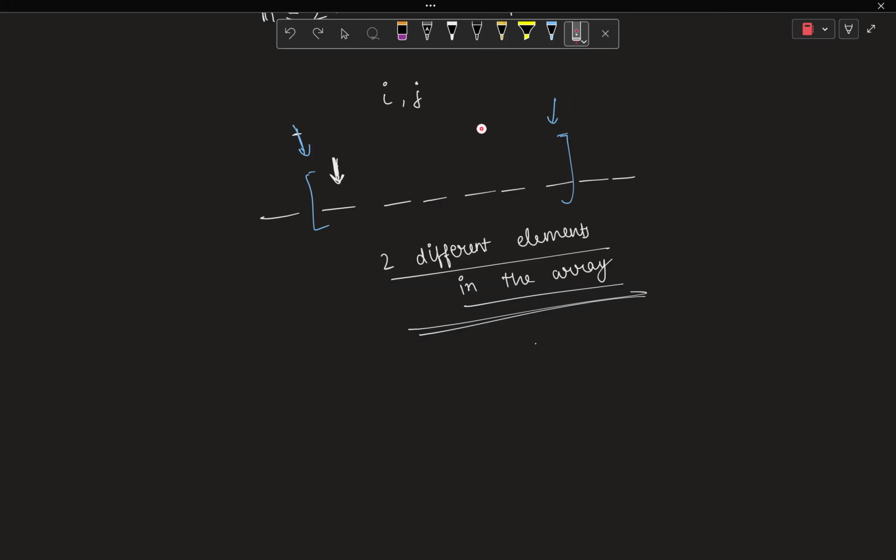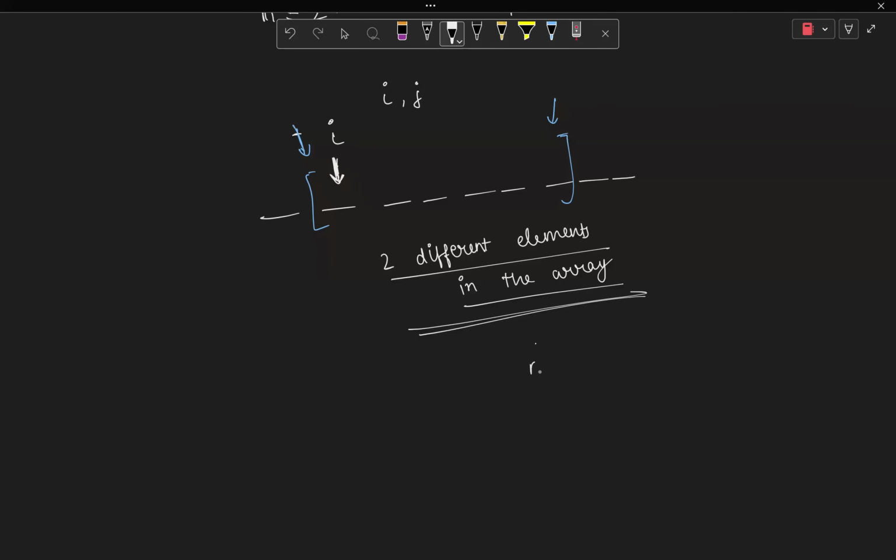Let us say that closest element is here. Now I can just check whether this closest element is inside the range or not. If it is inside the range, then I have found two different elements.